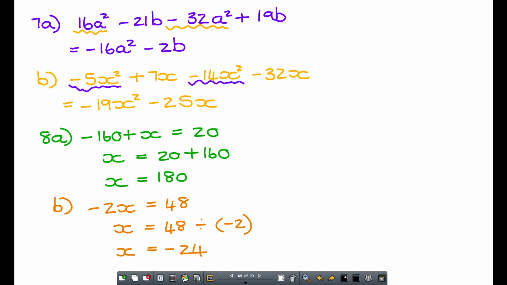And whenever we do that, remember that it becomes the inverse. So a minus becomes a plus. Division becomes multiplication. Okay, good. So what we did here is I took that minus 160 to the other side, and that's why it becomes plus 160.